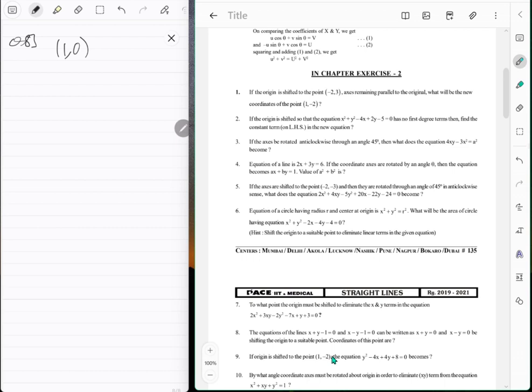Okay, 9. If the origin is shifted to this point, this equation becomes... once again, instead of y, we have to put y minus 2, not y plus 2. So this will be y minus 2 squared minus 4 into x plus 1, plus 4 times y minus 2 plus 8 equal to 0.